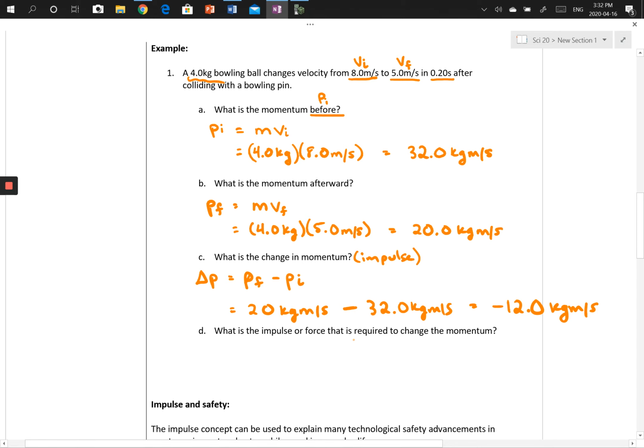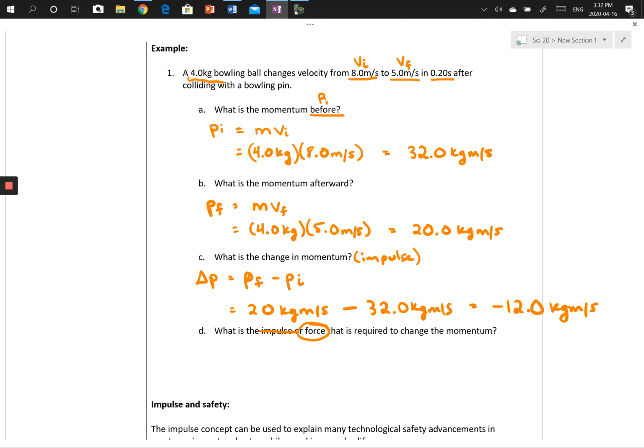Now, what is the force that is required to change the momentum? What I'm asking for here is the force required to change that momentum. Basically, what was the force applied by the bowling pin to the ball?